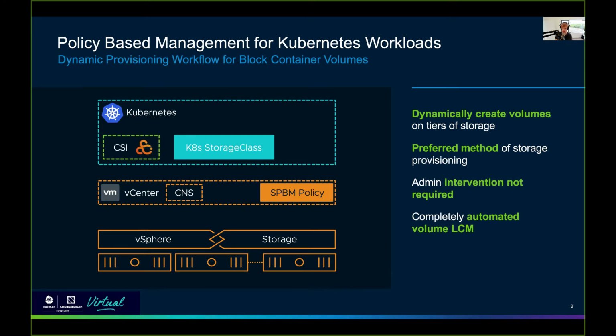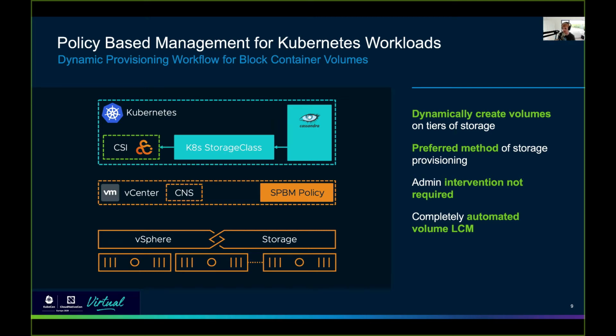Then we've got our CSI driver, and the CSI driver is what does the translation between the Kubernetes storage class and the SPBM policy. So whenever a volume is provisioned, that is how vCenter and vSphere know in what manner to create that volume and where to mount it into which Kubernetes node and then what pod. So you've got a Cassandra deployment here, and it says I would like a 100 gig volume from this storage class. So that storage class, if you look at how that's constructed, there's a provisioner, and that would say this is the vSphere CSI provisioner.